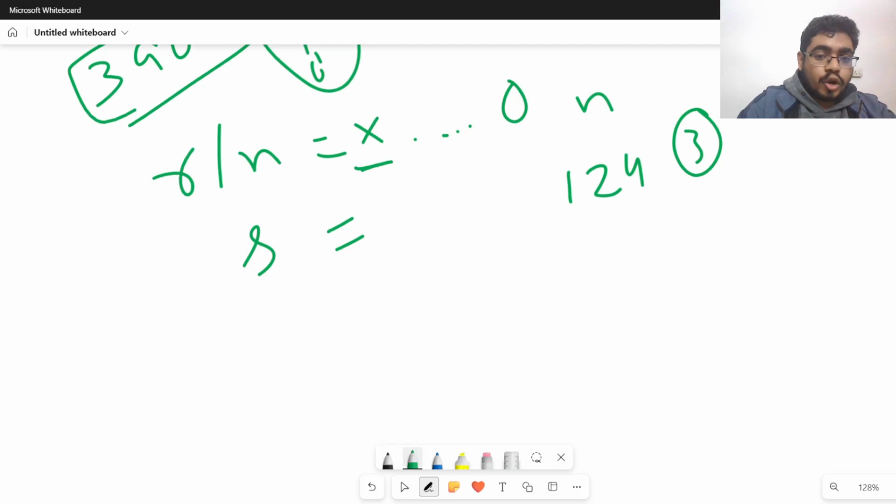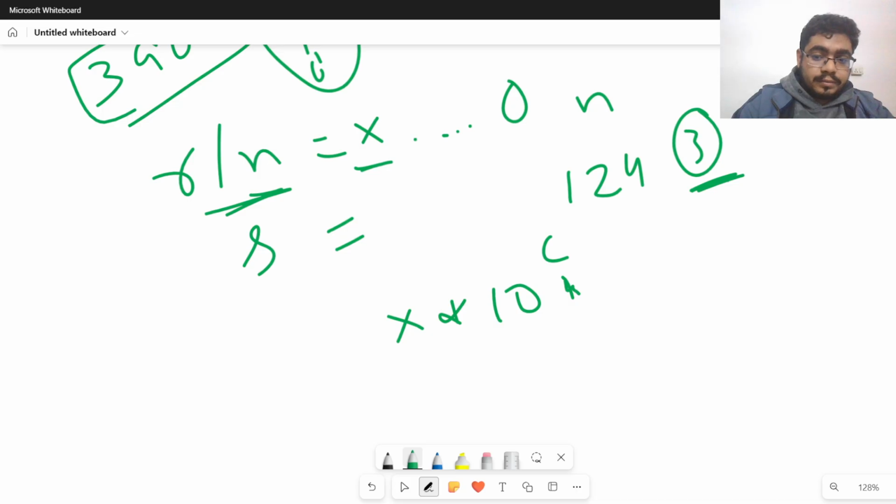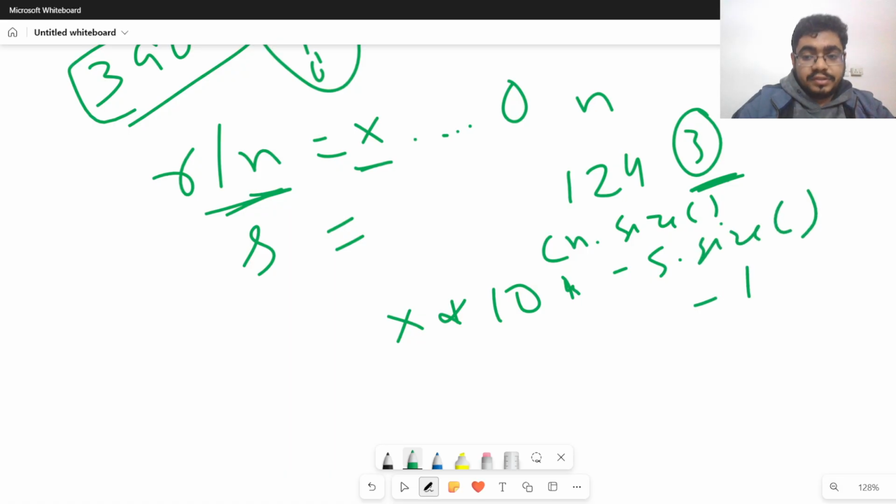You can take x options at the beginning, then 10 options for all the remaining except these many. So 10 to the power n dot size minus size of s, and minus 1.